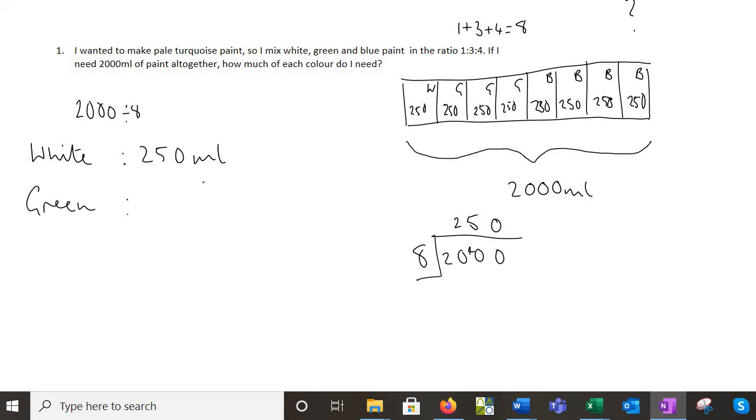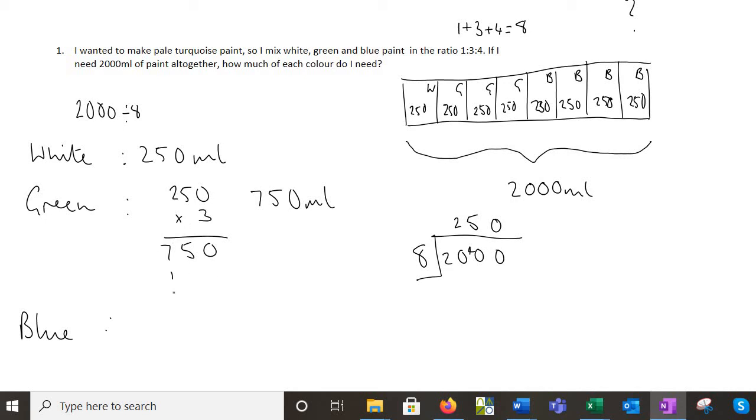Green paint. Well, let's do a sum. 250 times 3. I should have put a squared paper background, but here we are. 0 times 3 is 0, 5 times 3 is 15, 2 times 3 is 6, add on 1, 750, so we need 750 millilitres. And for blue, I've got 4 lots of 250.